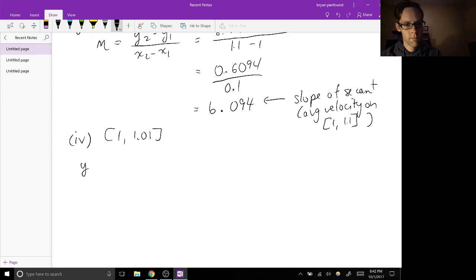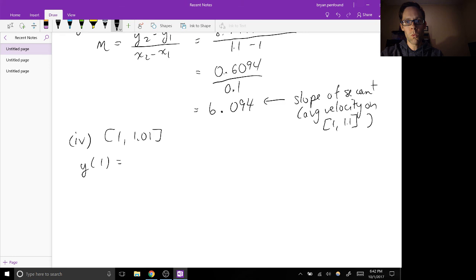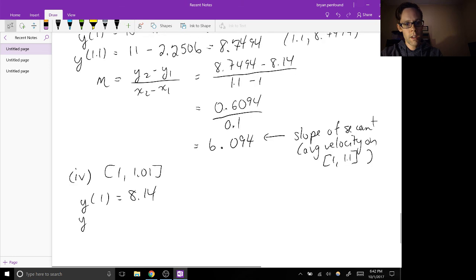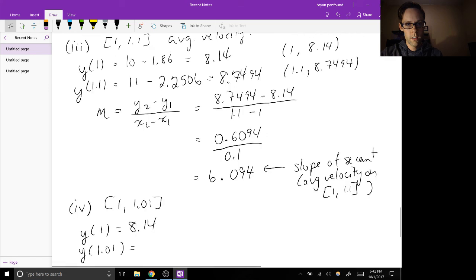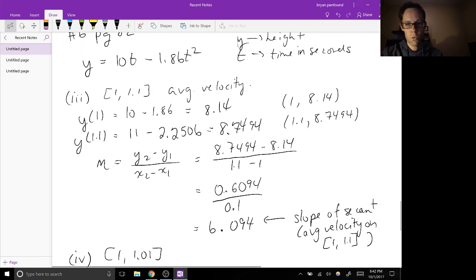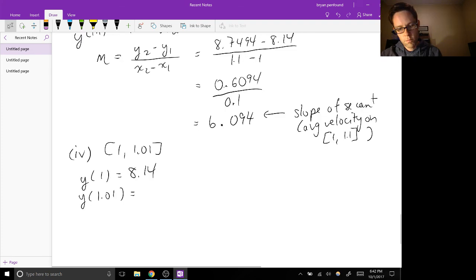We already know y at 1 is 8.14, so now we need y at 1.01. That is 10 times 1.01 minus 1.86 times 1.01 squared. Here I get 8.202614.